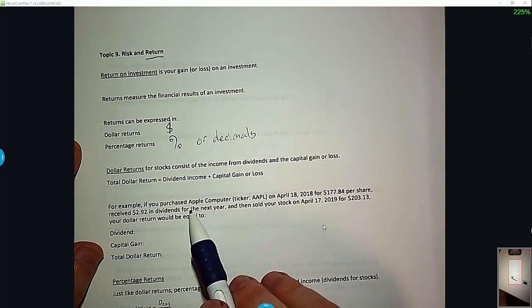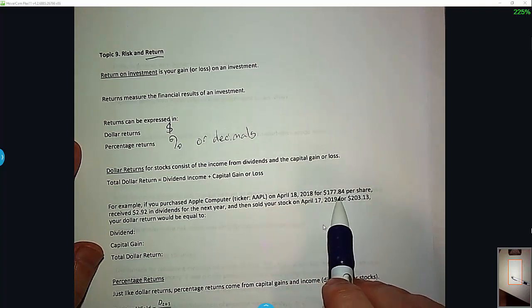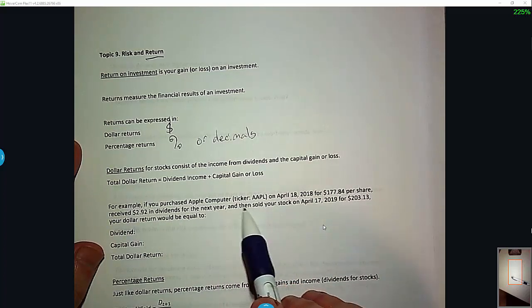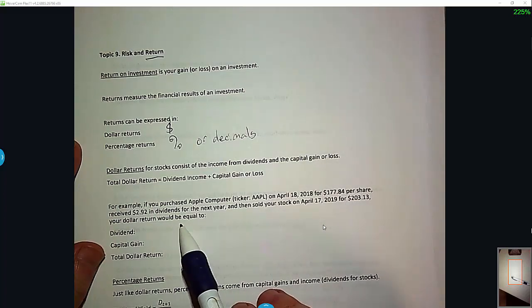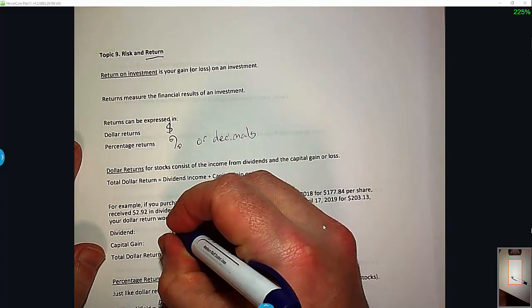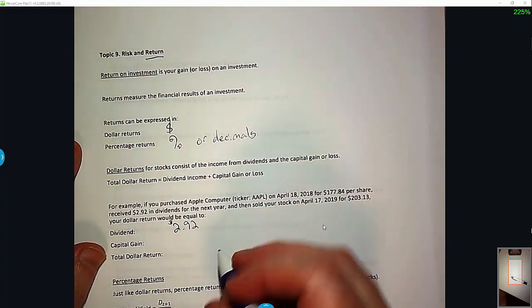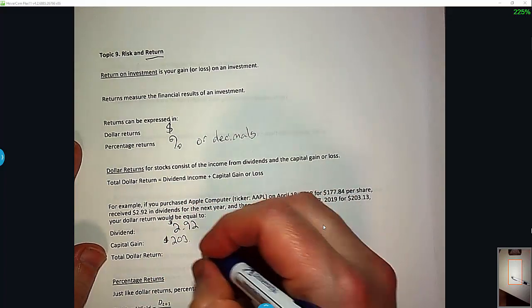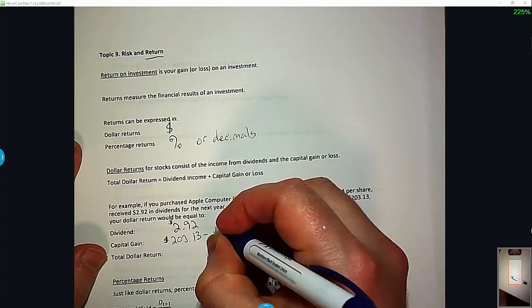For example, if you purchased Apple Computer stock on April 18th, 2018 for $177.84 per share, received $2.92 in dividends for the next year, and then sold your stock 1 year later for $203.13, your dollar return would be equal to the dividend of $2.92 and the capital gain, which is going to be what we sold it for, $203.13, minus what we bought it for, which was $177.84.